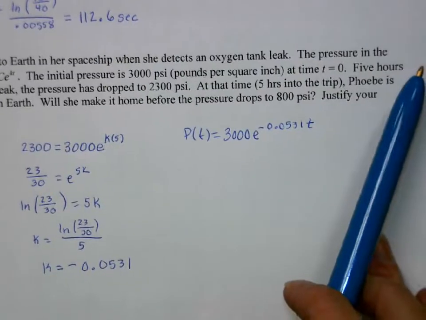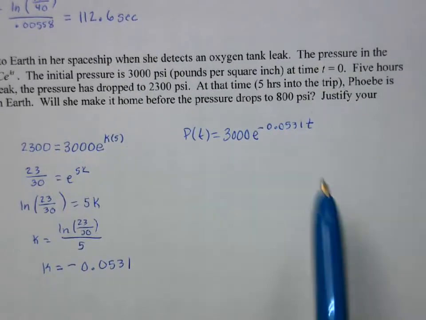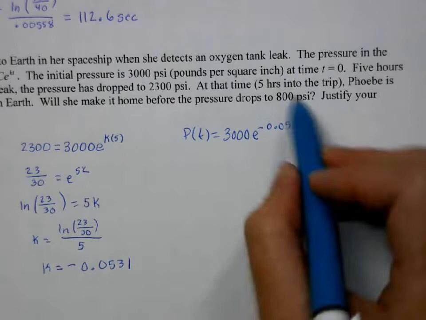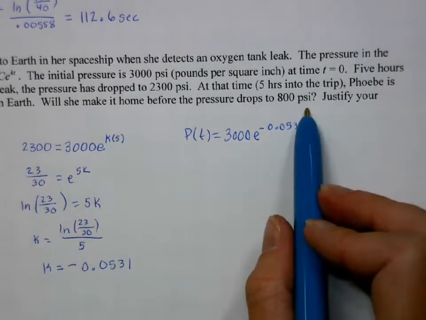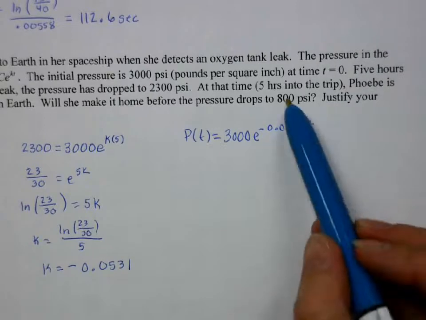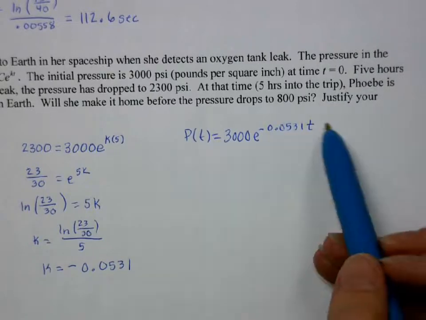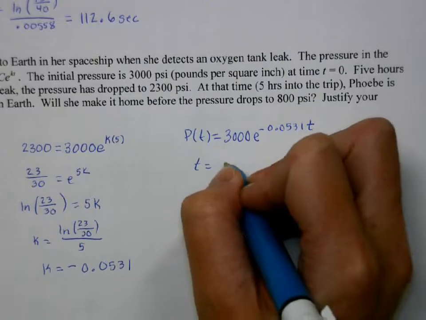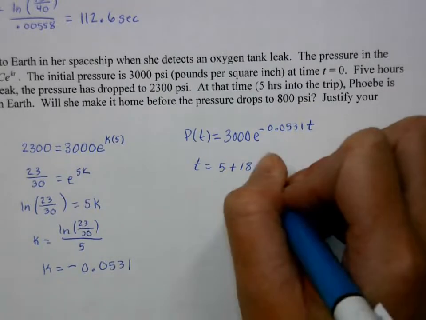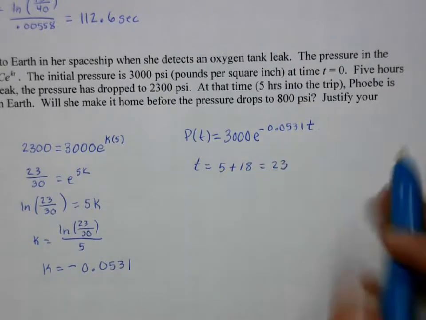So for the next part, she's still 18 hours away. So will she make it home before the pressure hits 800? So you could set this equal to 800 and solve for the time, or we can take the time, which is going to be 5 plus 18, and see if the pressure is greater or less than 800.